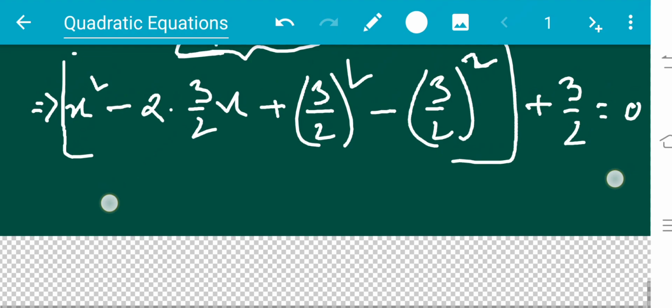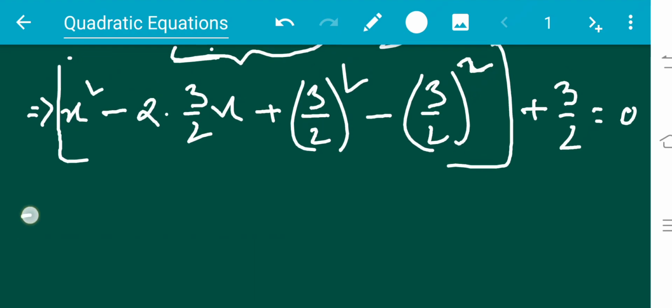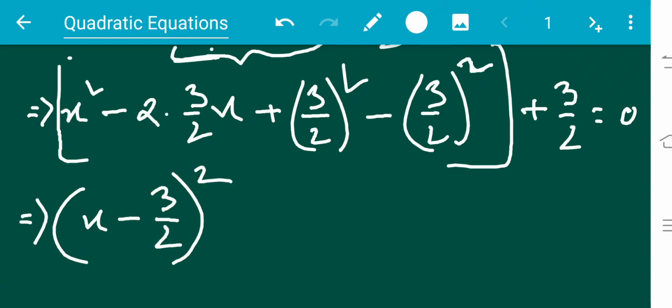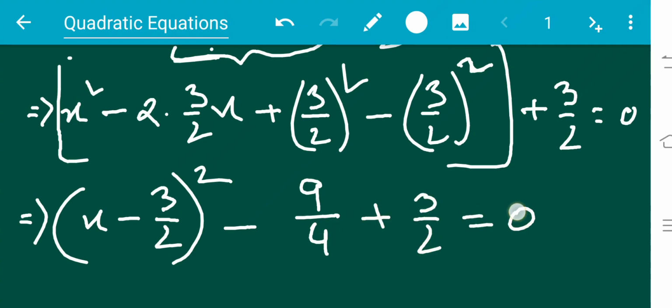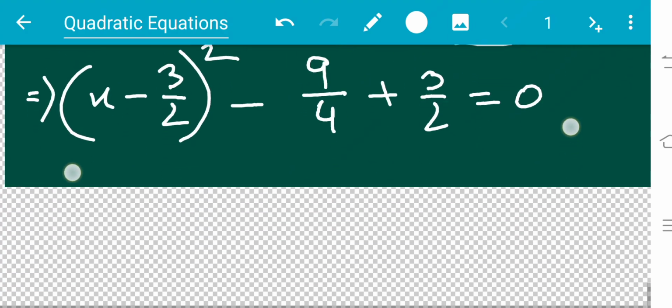So from here I can write x minus 3 by 2 whole square minus 9 by 4 plus 3 by 2 equal to 0. So you can compute this part.